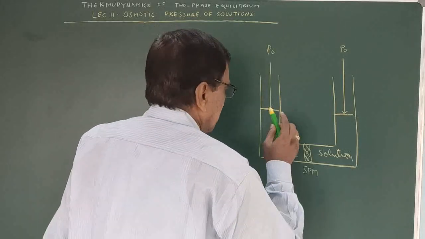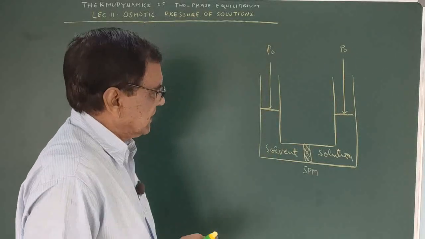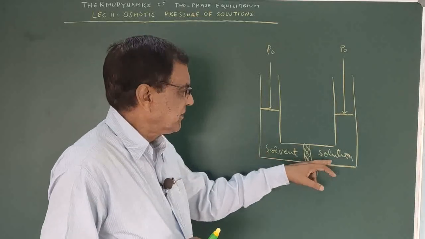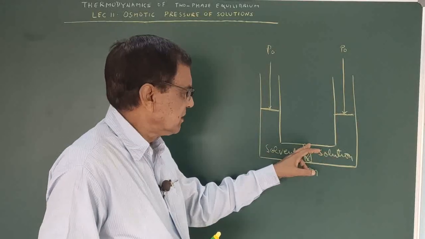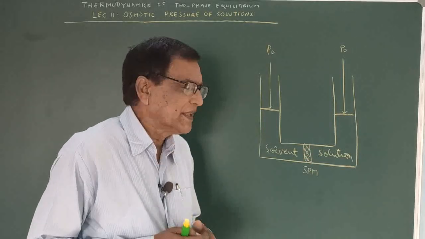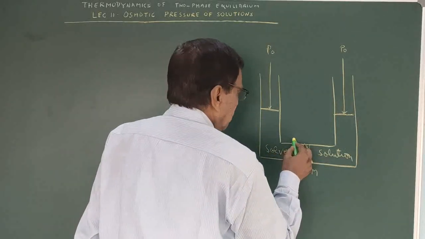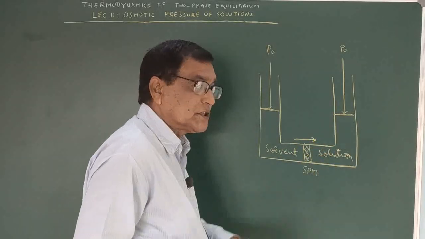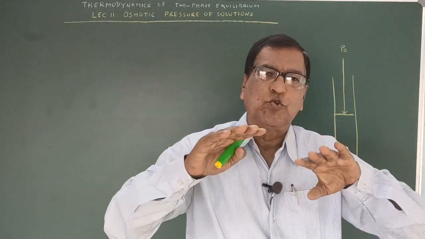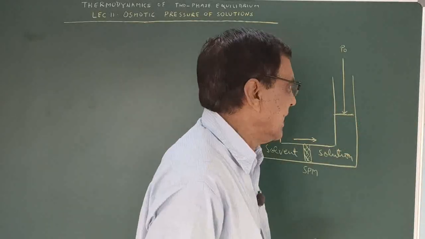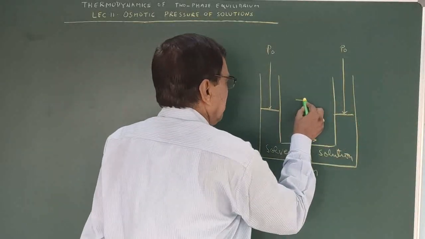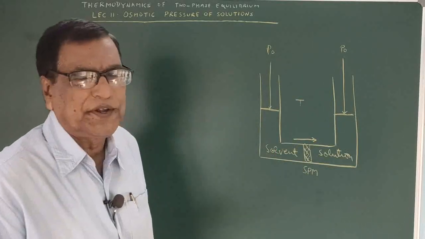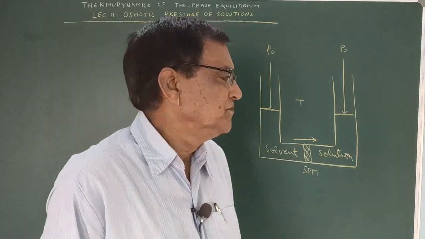And you know the process. Whenever the solvent is separated from the solution by a semi-permeable membrane, the solvent will move from the solvent side to the solution side spontaneously of its own accord, and the temperature may be taken as T, which may also be taken as room temperature.